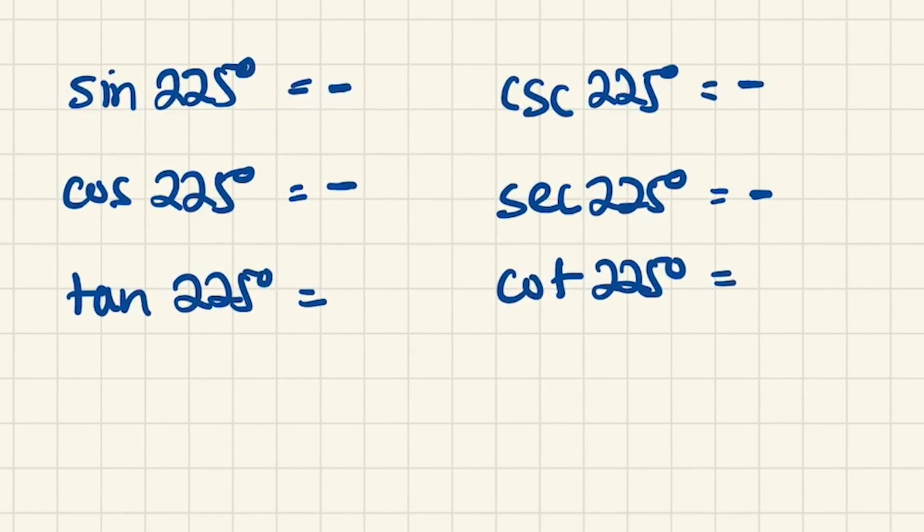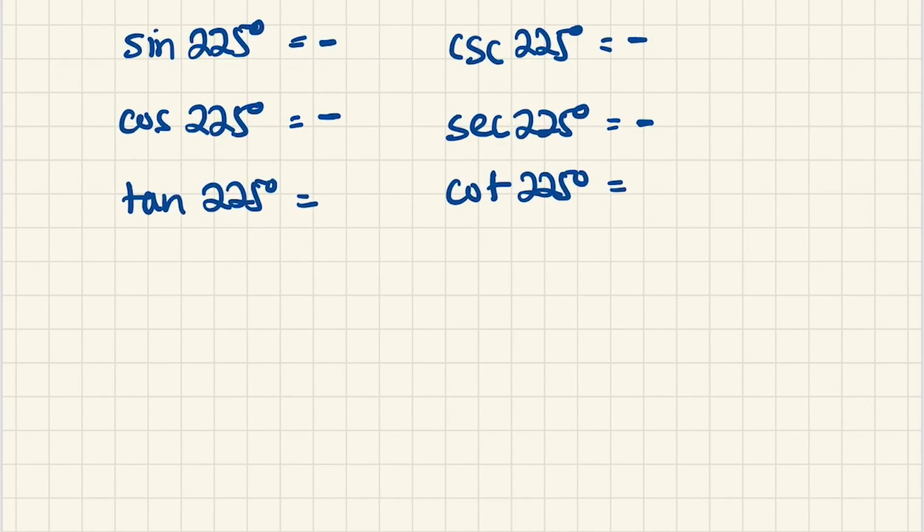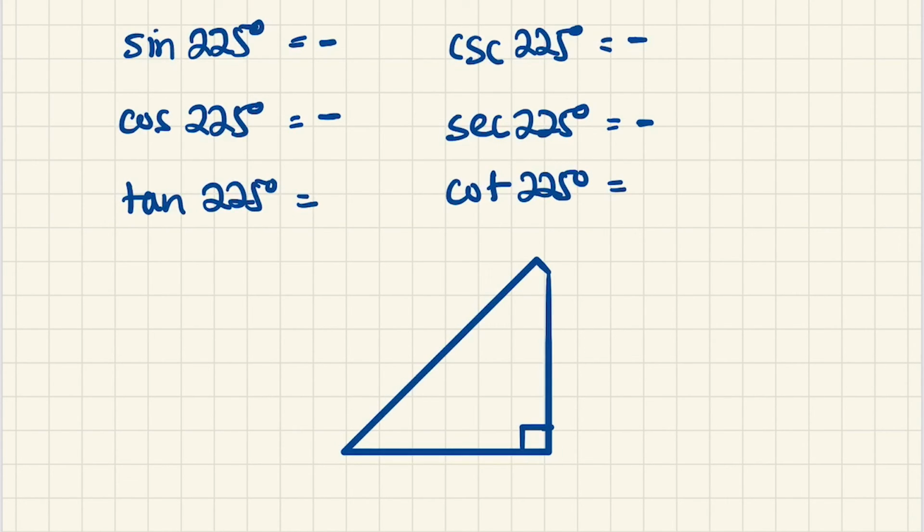So how do we get these actual values? Well, that's where the reference angle comes in handy. The values are going to be the same magnitude as what would be read off of the 45, 45, 90 triangle. And we know that the sides of the 45, 45, 90 triangle are 1, 1, and root 2.